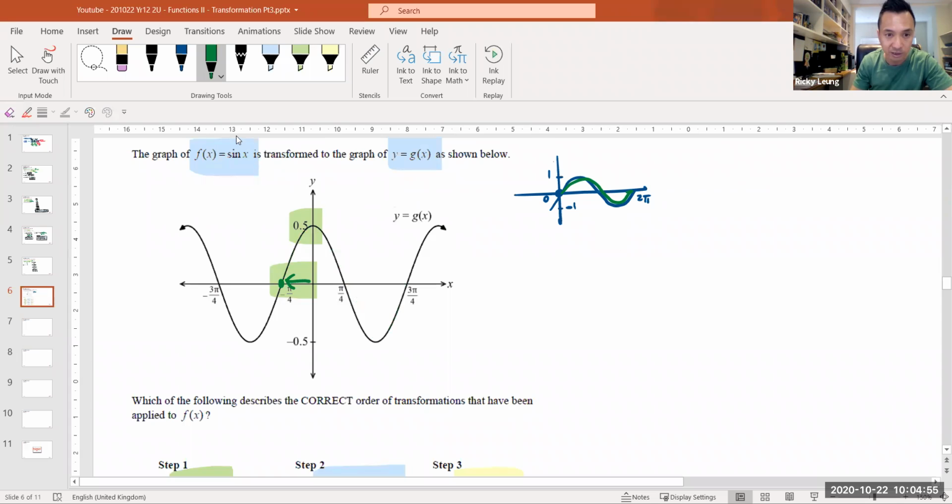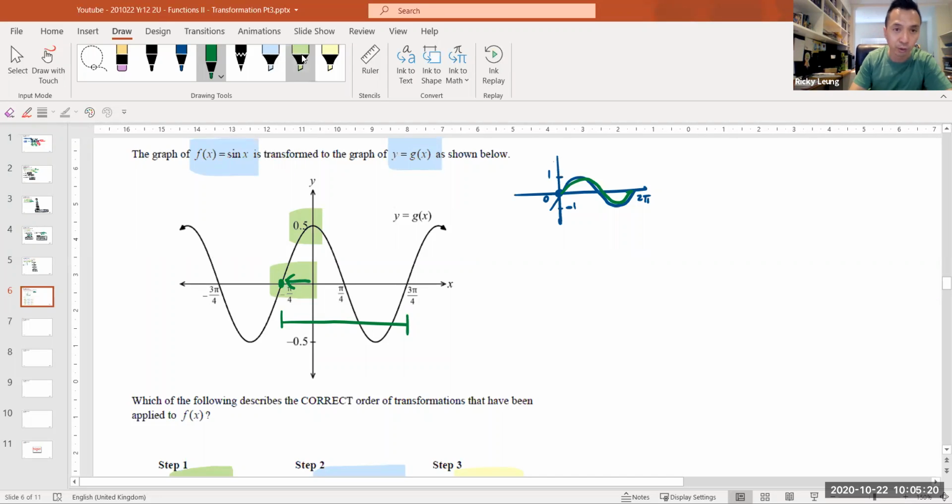So what that means is, what impacts the period from a transformation point of view is a horizontal dilation. So it's been compressed. So it's basically dilated horizontally by a factor of 1/2, right? Because if I doubled it, the dilation would be 2. If I halved it, the dilation factor is 1/2.